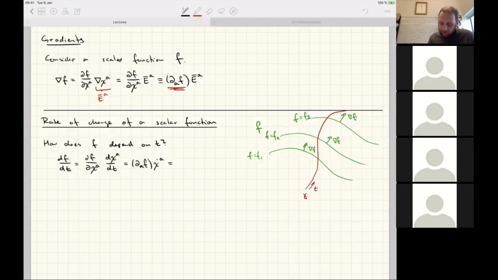Now this in turn is equal to the gradient of f inner product with the tangent vector of gamma. So this is what describes how the function f changes along this curve gamma. And many of the inner products that we are going to encounter in physics are going to be exactly of this form.